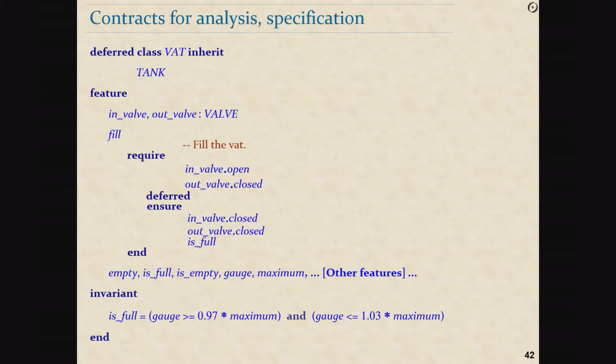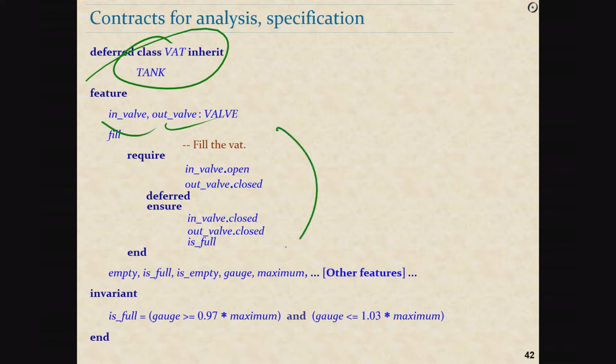Here we're describing it by saying a vat is a special case of a tank, so we're already using inheritance, and then we're using an object-oriented approach, so it's characterized by operations, by features, such as its input valve, its output valve, and an operation to fill the vat, and an operation to empty the vat, and so on.